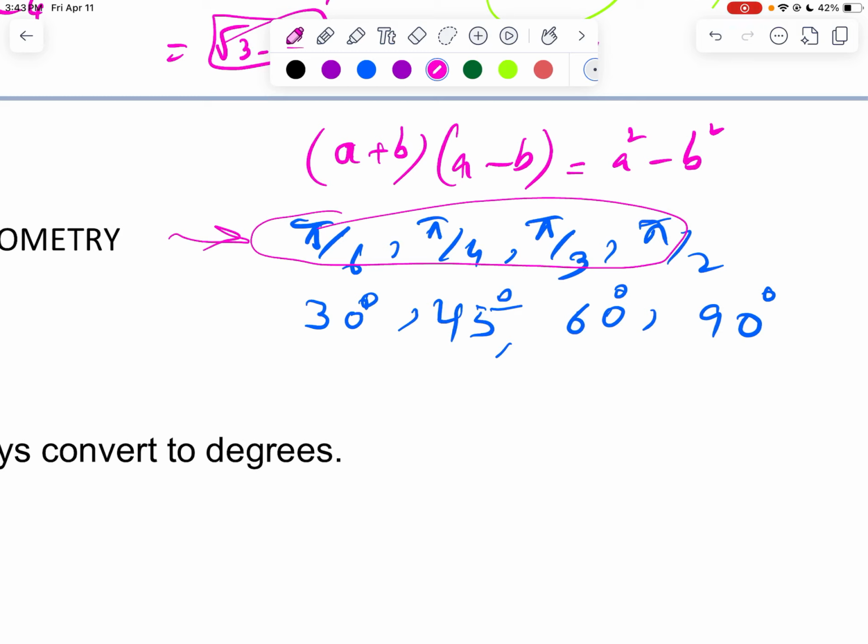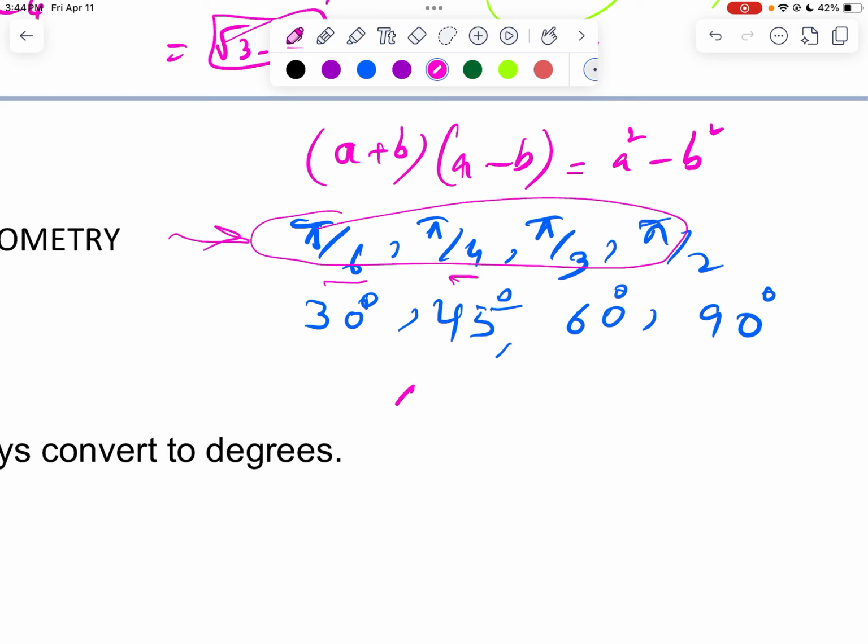Notice, let us try, by the way, which two denominators will give me a common denominator of 12? If you notice, the denominator 6 paired with denominator 4.